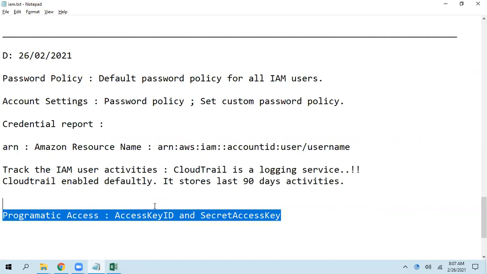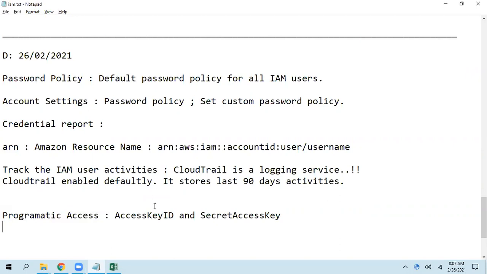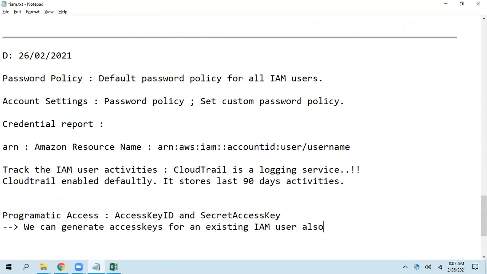Whenever you select programmatic access, we are going to get an access key ID and secret access key. And we can generate these access keys for an existing IAM user also.